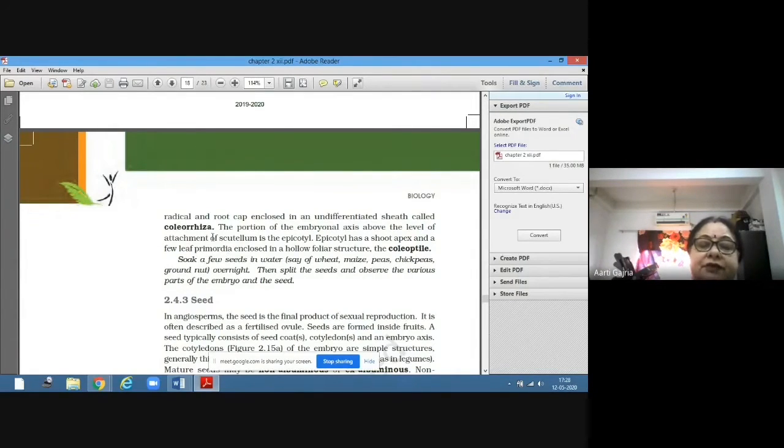Primordia means the primary structure, that means the structures which are going to be future leaves, enclosed in a hollow foliar structure. Foliar is leaf-like structure.